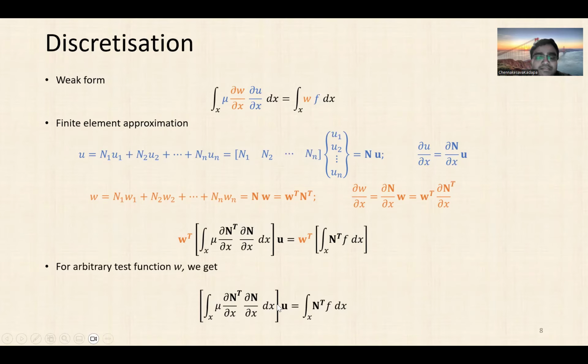If we evaluate this integral, we will have an n by n matrix. As you might already know, in the finite element method, in order to simplify the task of evaluating these integrals over the whole domain, we split the domain into a number of elements. So that is where we get the concept of elements.